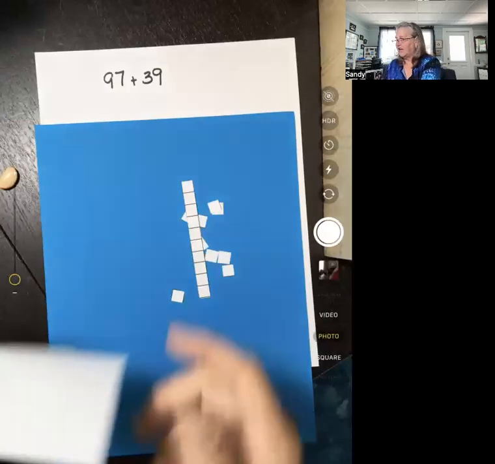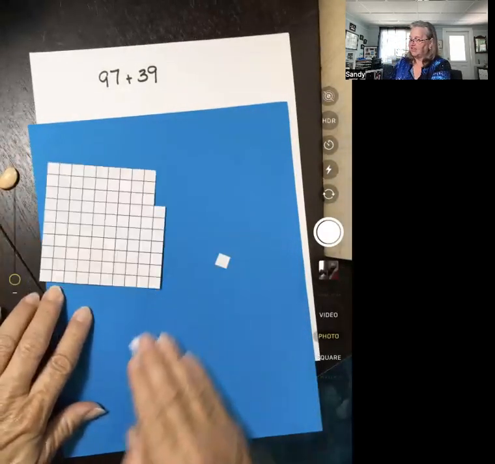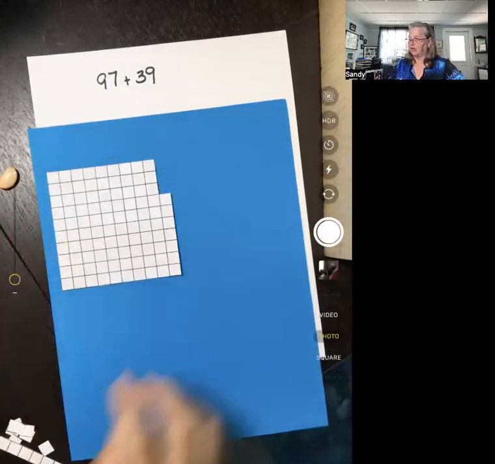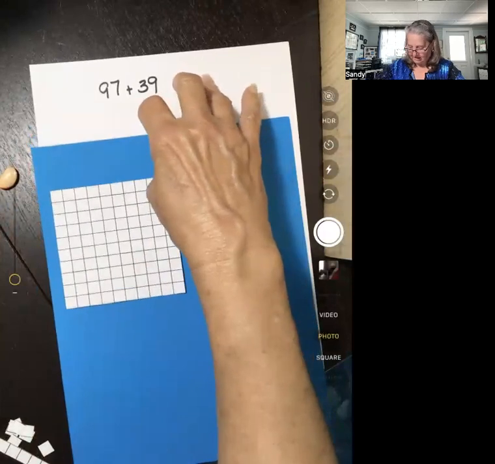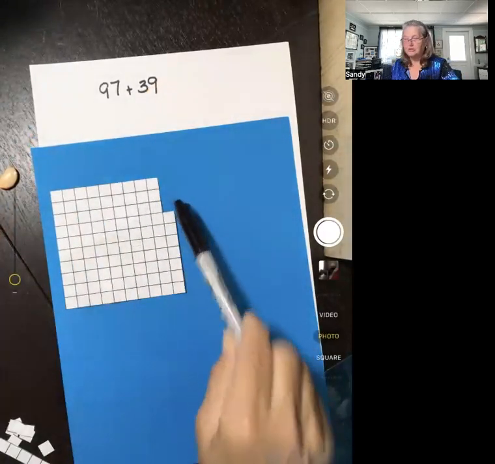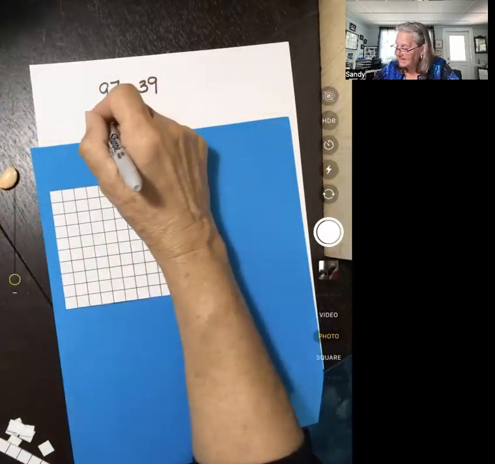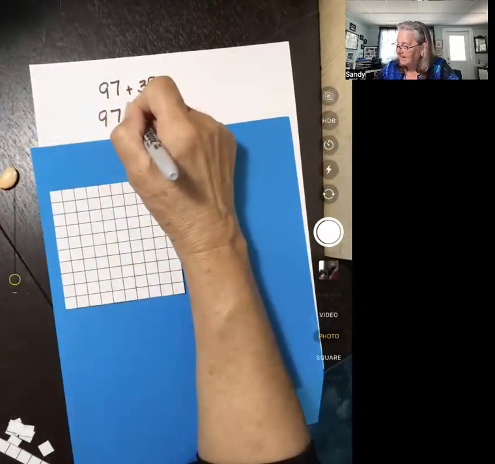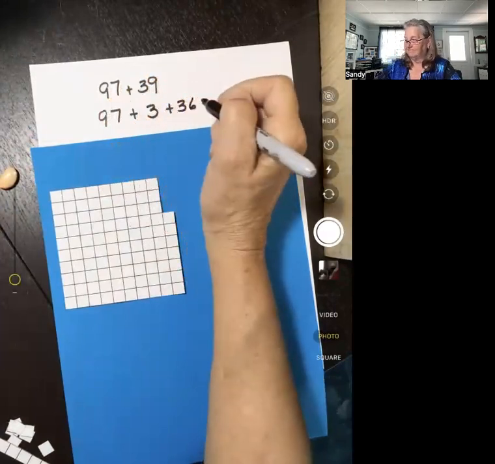They are visualizing that they've got a hole in this, and they're trying to combine that with 39. So what do I need to do? Well, I need to fill this with 3. So that means I can think of that 39 as 3 plus 36.